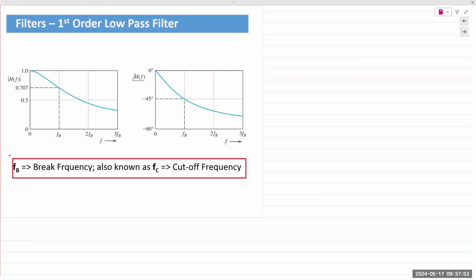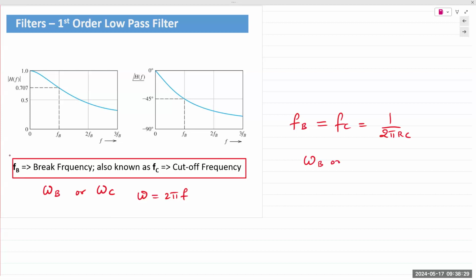In our classes, I like to use frequency in hertz. In other classes, other lectures, like let's say you go work for a company, there might be engineers from different schools. They might use omega. You can have omega B, or more commonly, you would have omega C. Omega is 2 pi F, right? So your FB or FC is 1 over 2 pi RC.